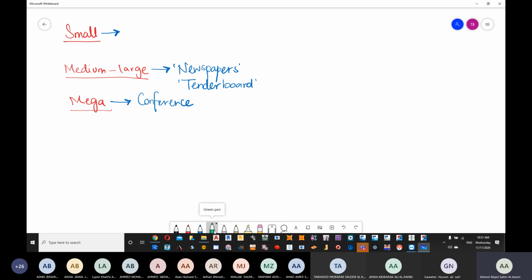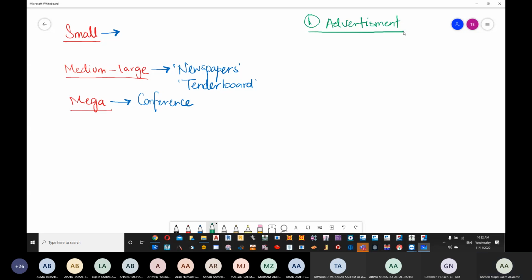They will be doing a conference where they are going to meet with the media, and then they will be talking about the project. So once again, the first thing that we need to do is advertisement, and advertisement will differ according to the scale or size of the project. We can go to the tender board, we can have a conference, or we can directly submit my drawings to different contractors if the project is small.